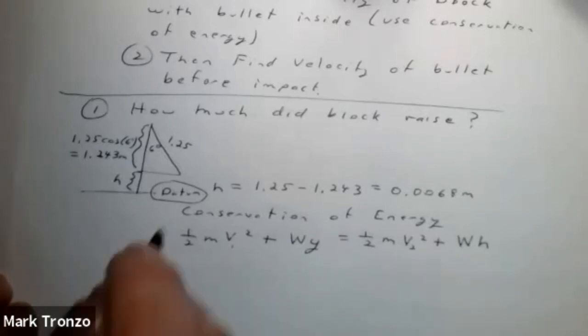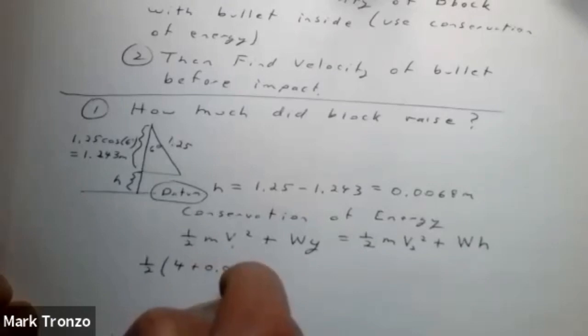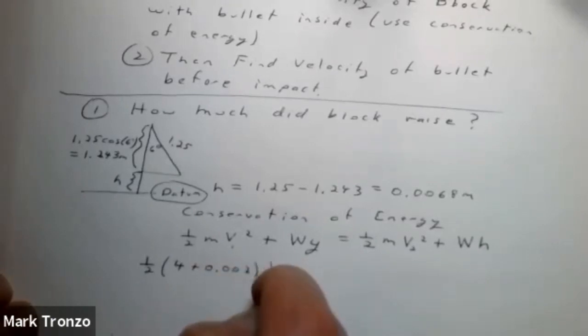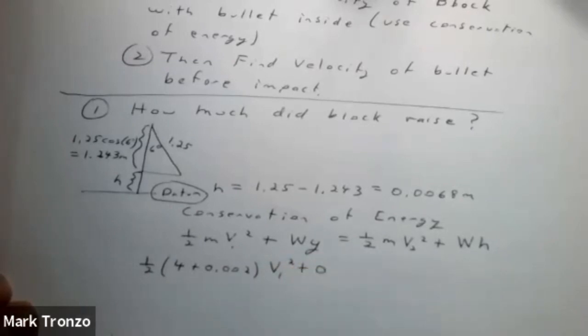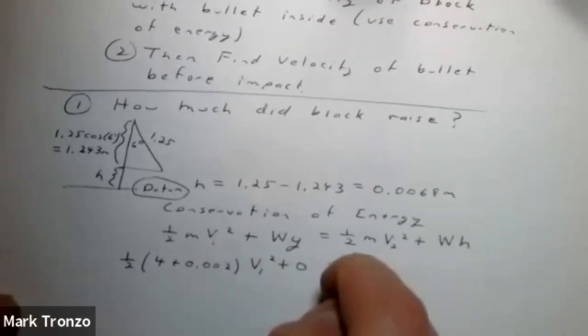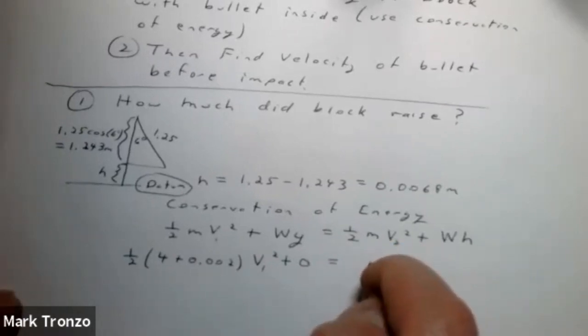So just plug everything in. It's going to be 1/2, and then the mass of the block plus the mass of the bullet. Originally it's at the datum line, so that's 0. And at maximum height, the velocity is going to be 0.